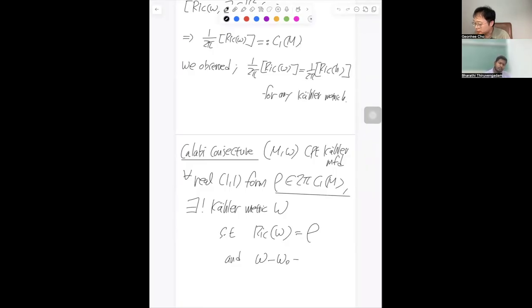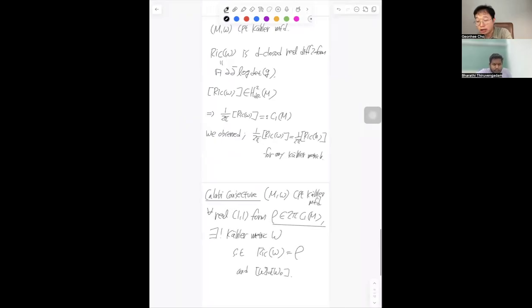Let me write down just this one. Does this clarify your question? I'm just talking about the necessity of the first Chern class condition. If our goal is to find the Ricci form of some Kähler metric, then it must hit the first Chern class because of the previous argument.